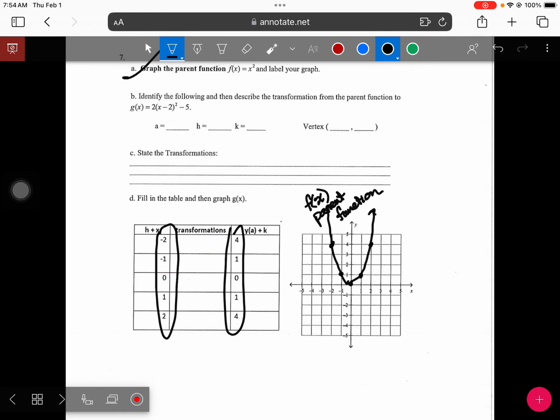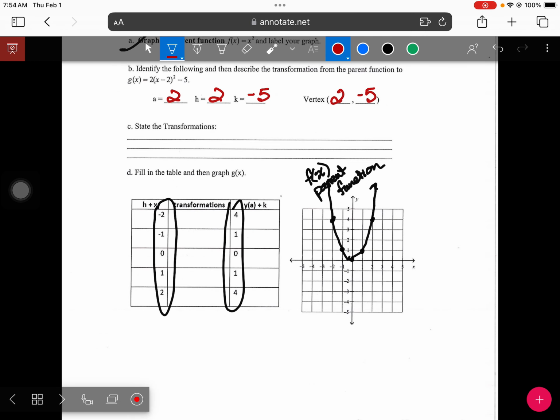What's my a value? Give me my a. 2. Give me my h. 2. Give me my k. Negative 5. What's my vertex? 2, negative 5. Terrific. So a is equal to 2. Is that a transformation from the parent graph?